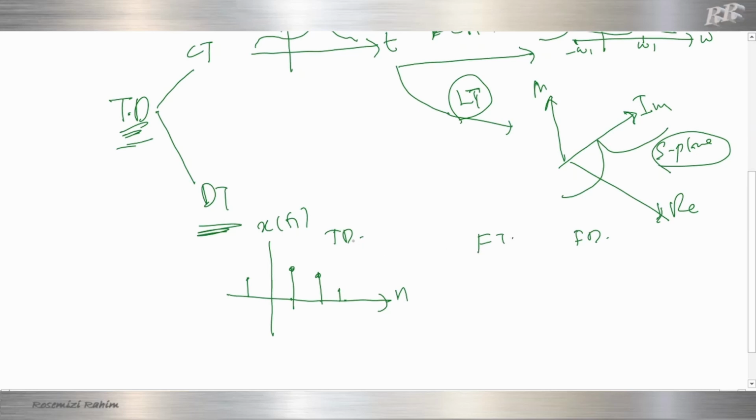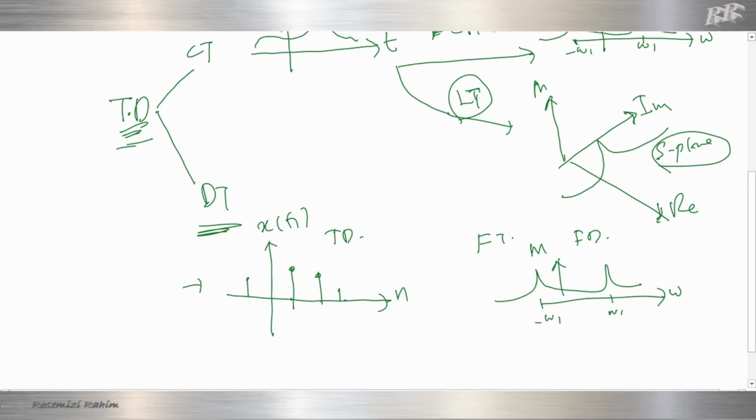It will convert from discrete time to the frequency domain, with omega and magnitude, for example like this, from minus omega 1 to omega 1.